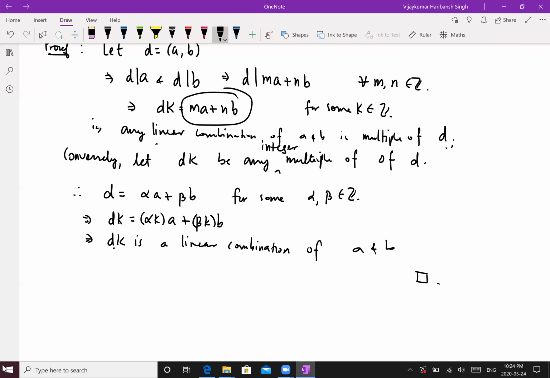Now comes another result. So there's another characterization of this. Theorem: let A and B belong to Z, not both 0.